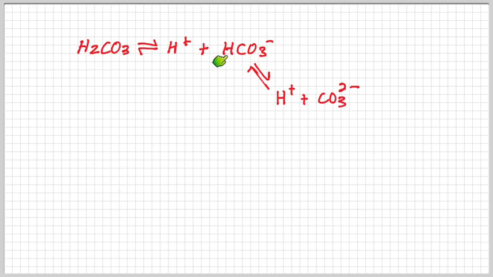The conjugate base of a weak acid can act as a base. This, though, can also act as an acid. Carbonate ion is the conjugate base of a weak acid. This can only act as a base. But hydrogen carbonate can act as both.